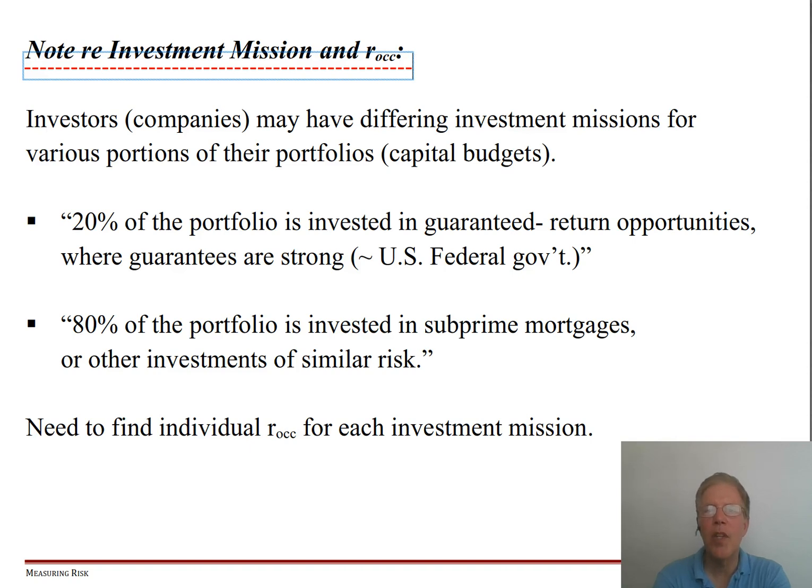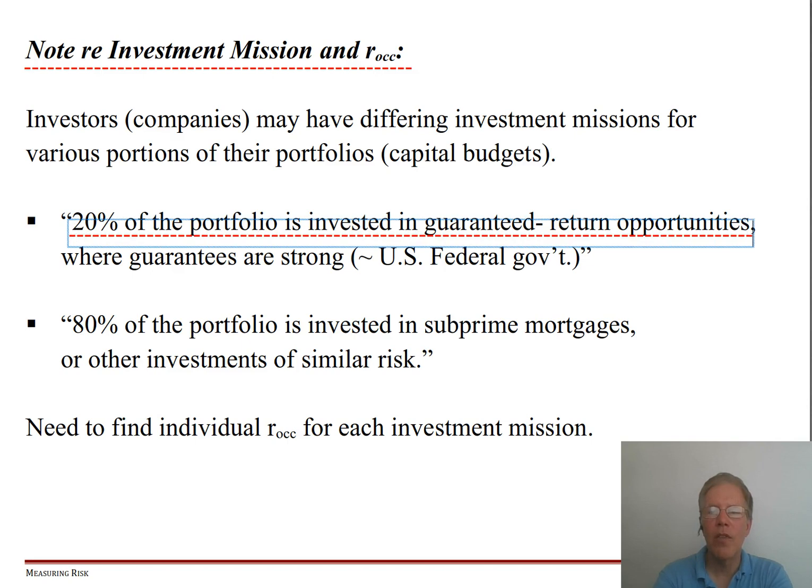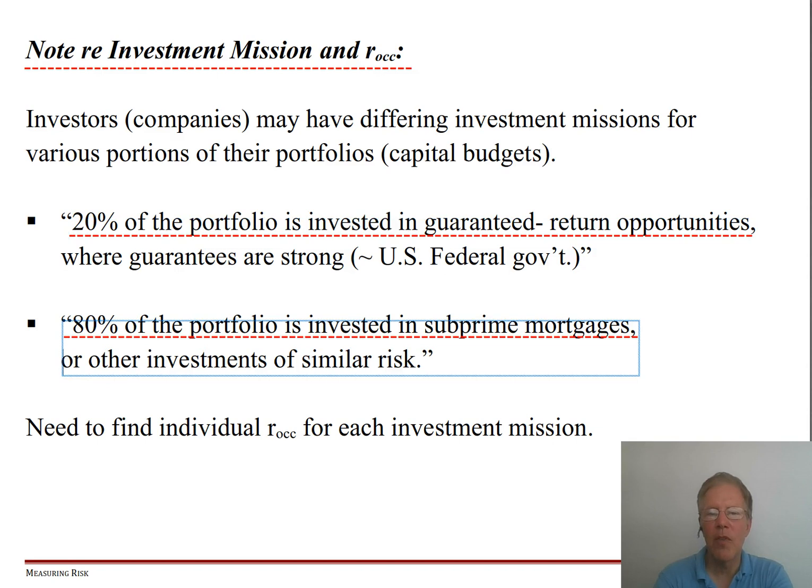The finance police aren't going to rush in and arrest you if you say something like 20% of our portfolio is invested in guaranteed return opportunities with strong guarantees, and the other 80% is invested in subprime mortgages or other investments with similar risk.